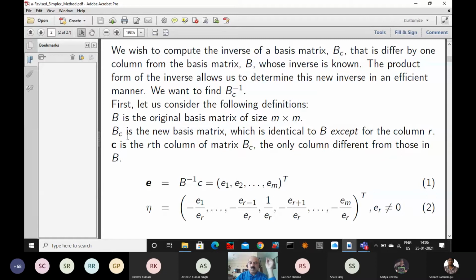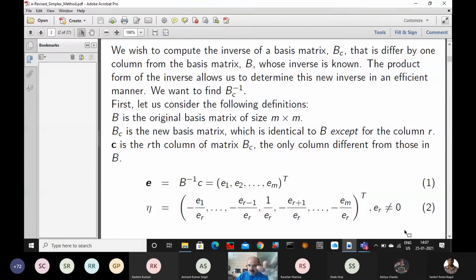BC is the new basis matrix which is identical to B except for one column. Let us say the rth column differs. In the rth column, we have put a new column vector, called C. If you compare B and BC, you will find only the rth column is different from the basis matrix B.